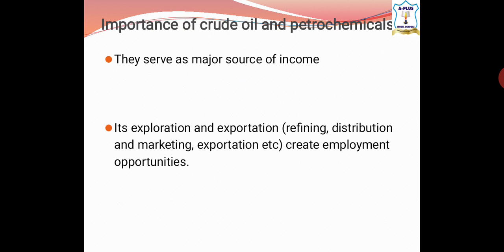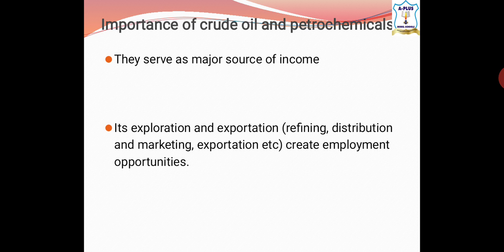Now, importance of crude oil and petrochemicals. Crude oil serves as a major source of income. If you notice, the whole Nigerian economy revolves around crude oil. Anytime there is low patronage in the purchase of crude oil all over the world, it affects the Nigerian economy.